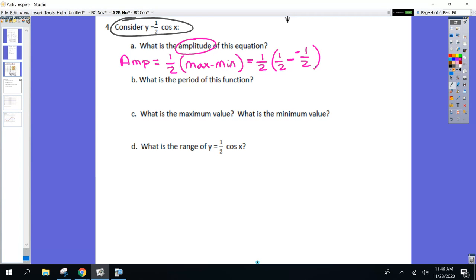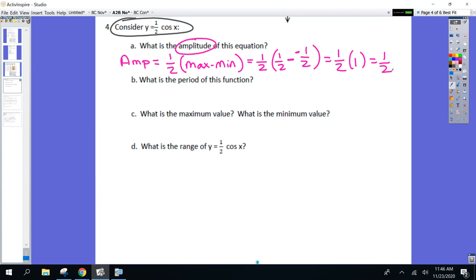Max 1/2, min -1/2, and then divide by 2. What do you get inside the parentheses? 1, yep, 1/2 of 1 is 1/2. So it ends up being the number out in front. That may not always be the case, so I don't want to tell you that.